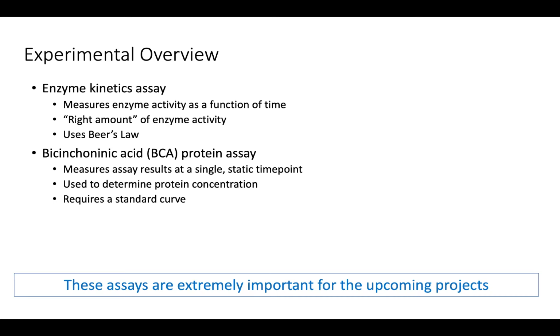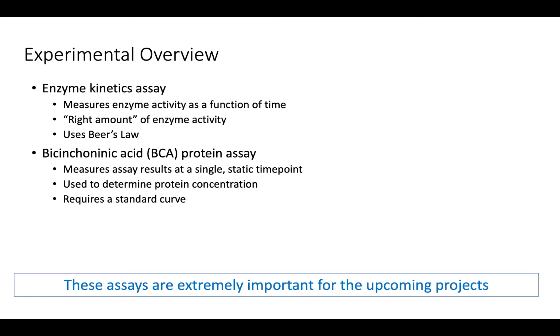The enzyme kinetic assay, the first one that I mentioned up here, that one is specific to a protein. We won't be using the protein that we'll be using in Project 1 today, but as we move into Project 1, note that it will be specific to the LDH that we will be using.